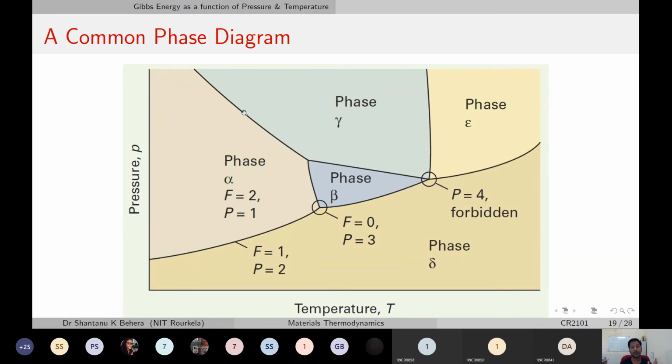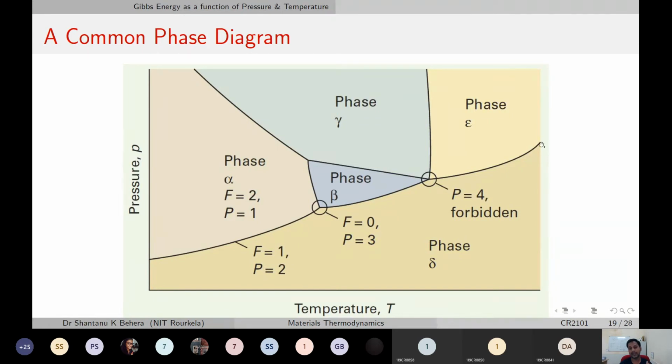But here you don't have that liberty of changing both parameters all at once. You can only change one parameter, either pressure or temperature, and you can still maintain the equilibrium between alpha and gamma phase.